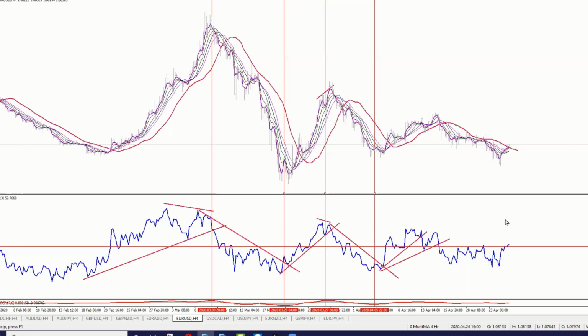This also shows you that a divergence signal is always stronger. You see, there was no divergence with that one. That was not right, but there was a divergence with that.